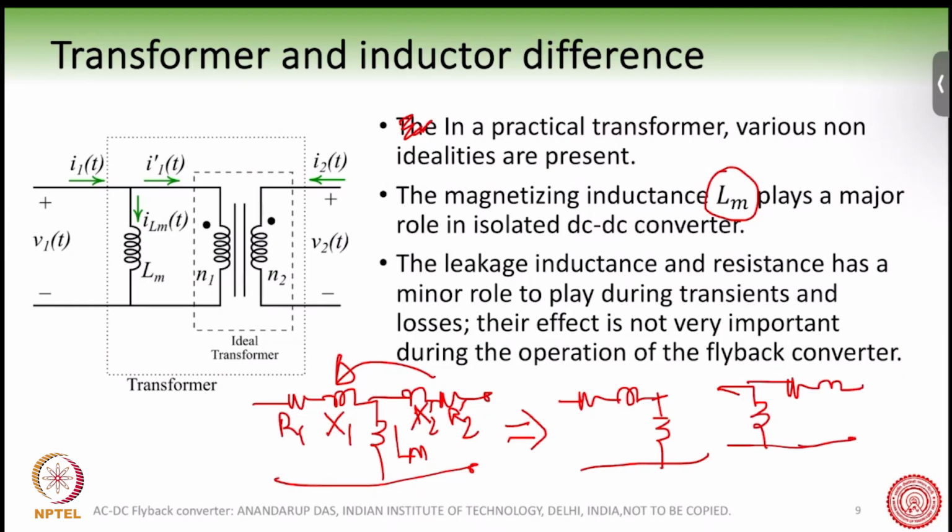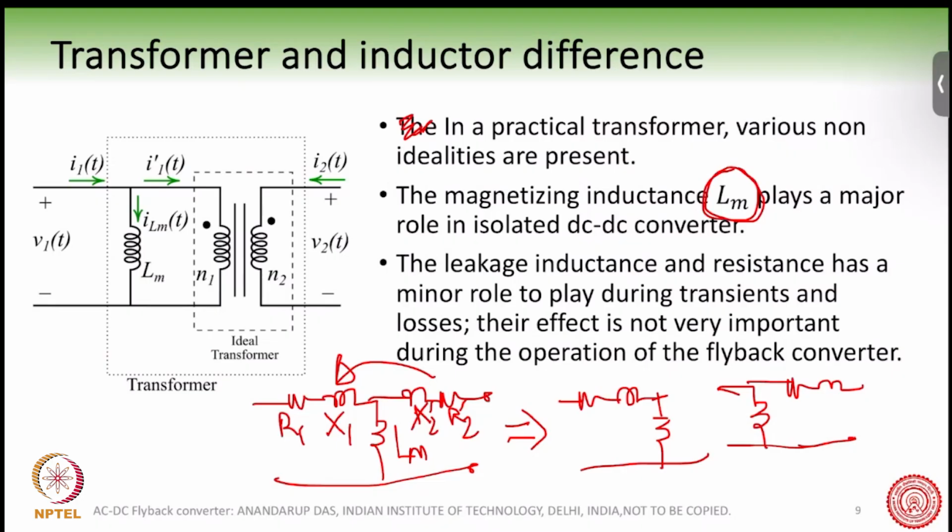This way we can model the transformer, whether we take the whole impedance on the primary side or the whole impedance on the secondary side. But in this flyback transformer, this inductance Lm plays a very important role.